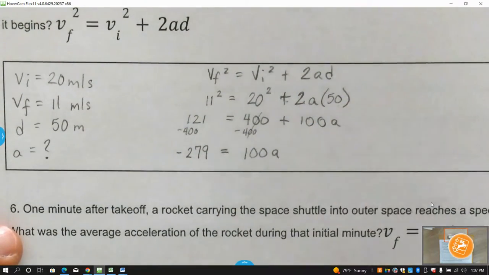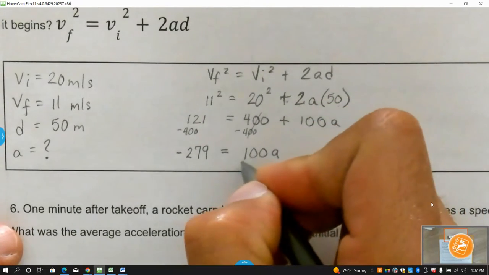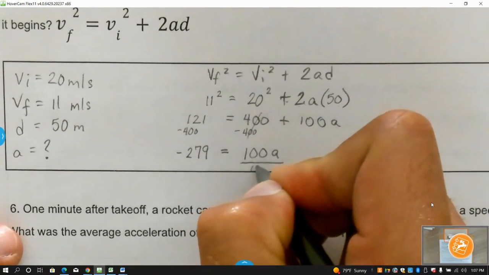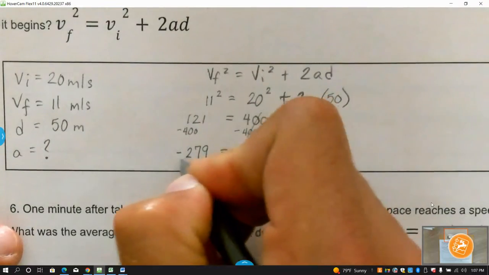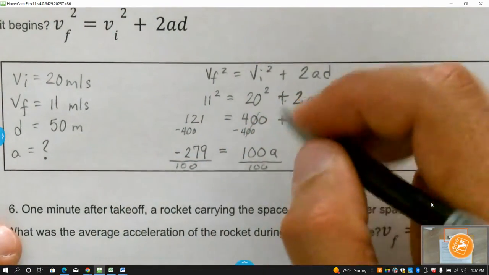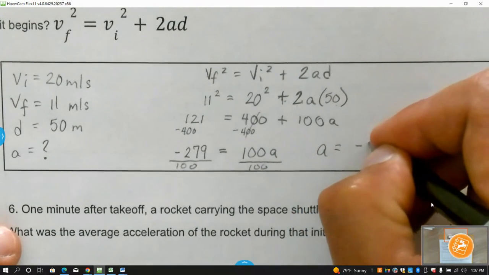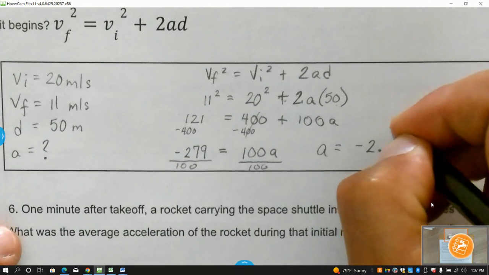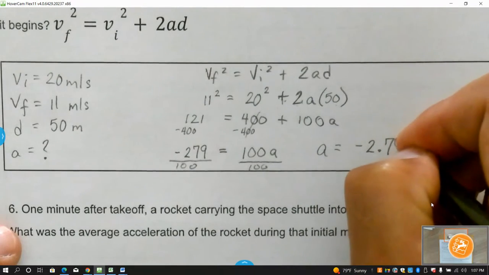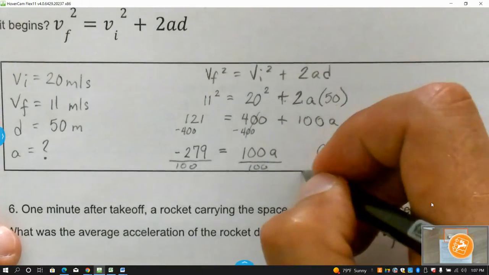So to get A by itself, you are going to divide both sides by that 100. And that will get A by itself. And now A is going to be a negative 2.79, and the unit for acceleration is meters per second squared.